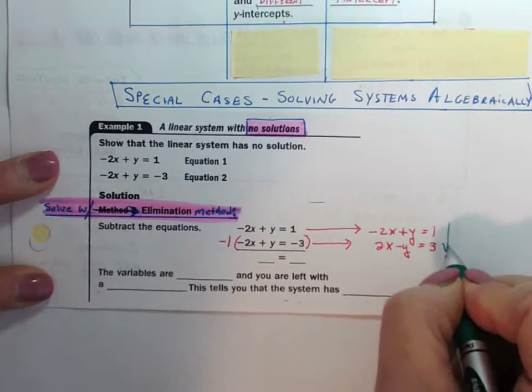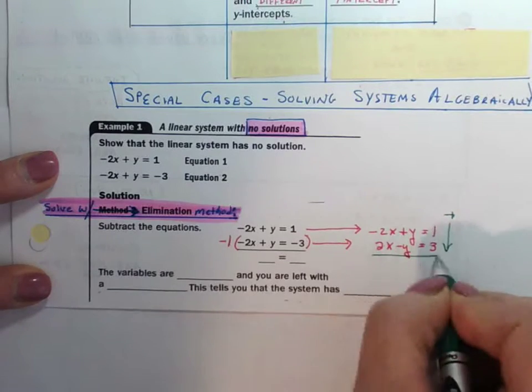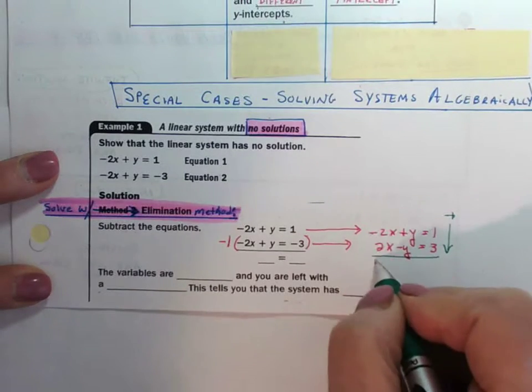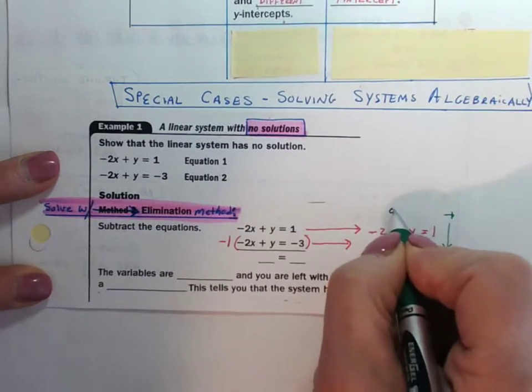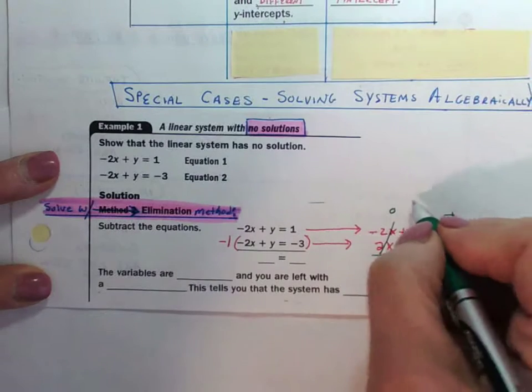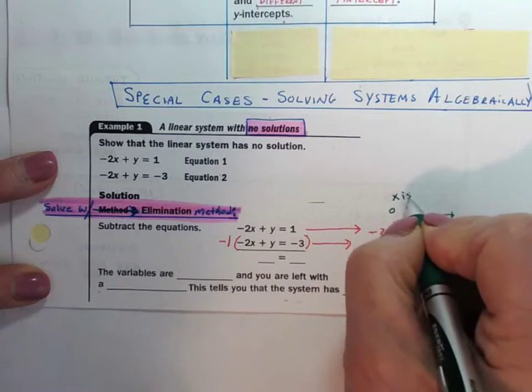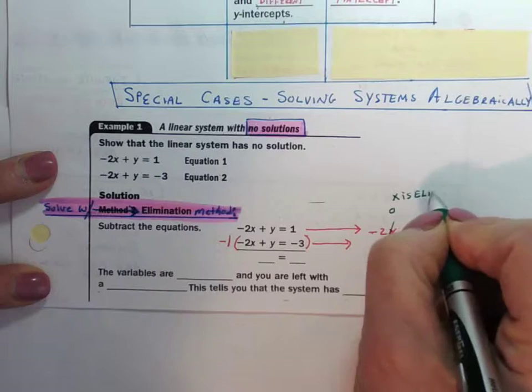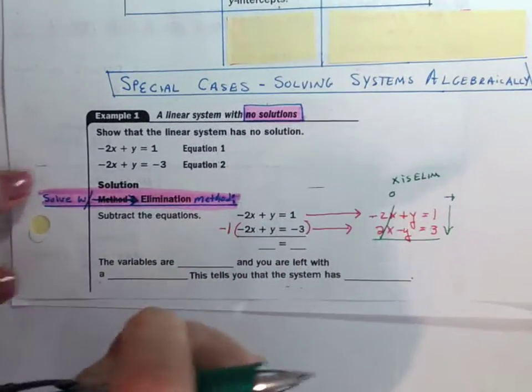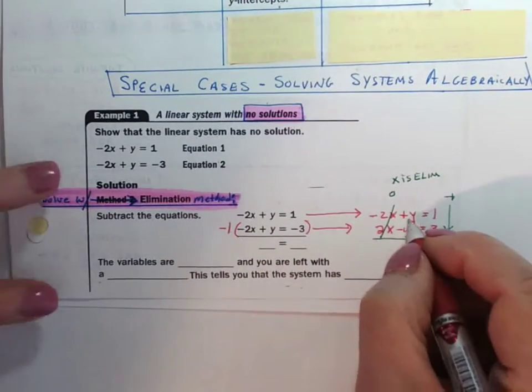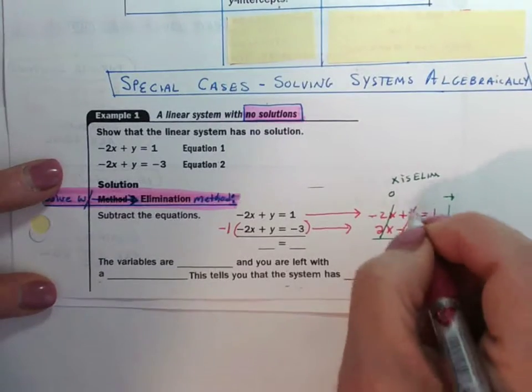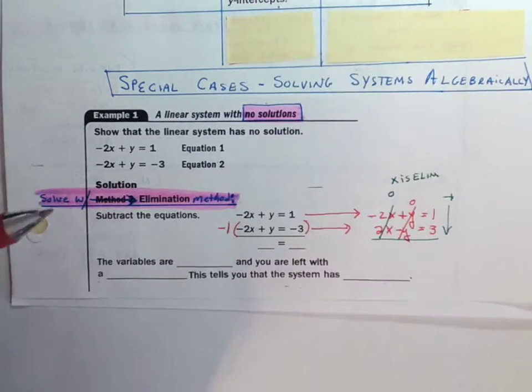Now we can add down. -2x and 2x cancels out. It's 0. X is eliminated. Y and -y, that's 0.